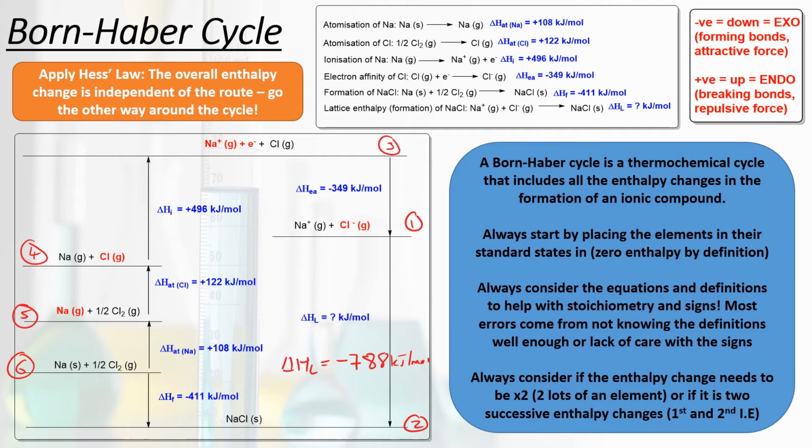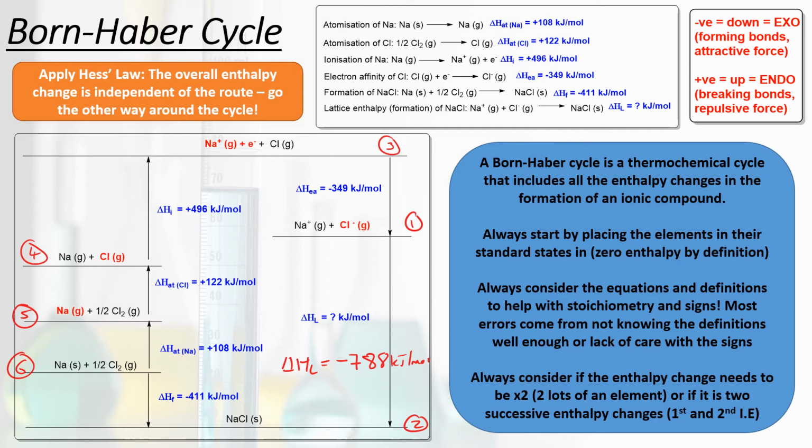That's not a problem, I can flip the direction of that arrow, but by doing so I have to change the actual sign of that number. So that would become positive 349. So generally, if you go with an arrow versus going against an arrow, we have to change the sign of the number.